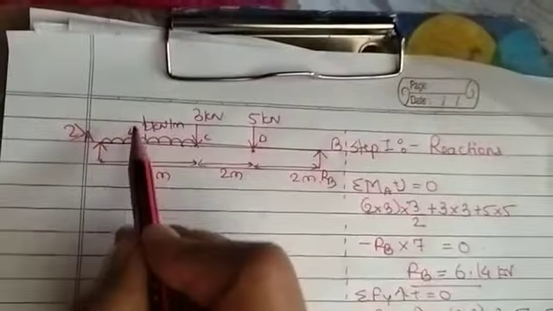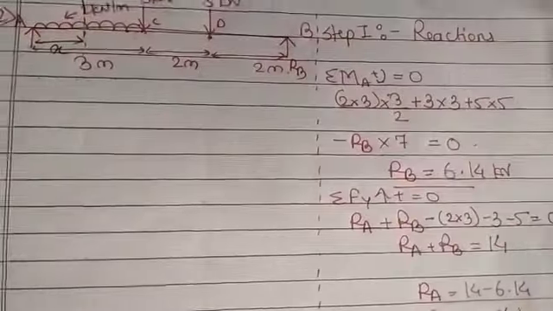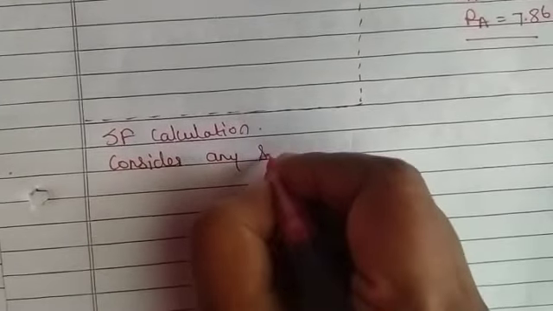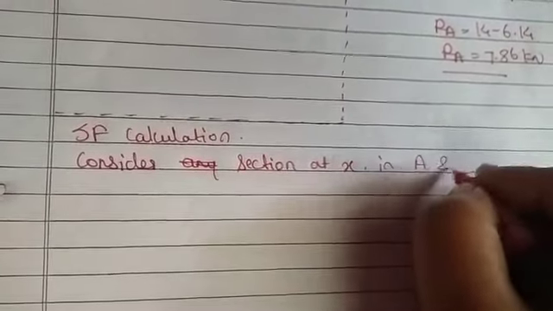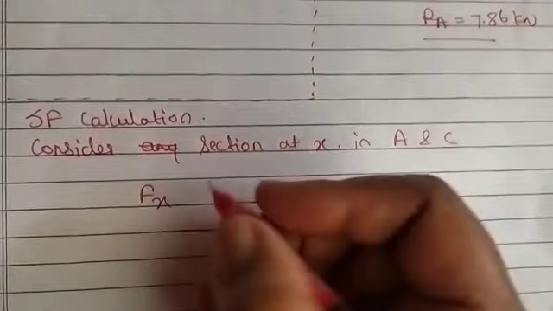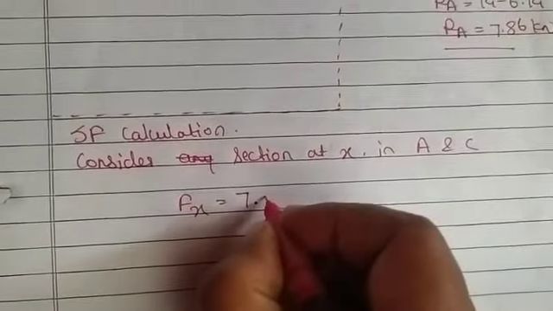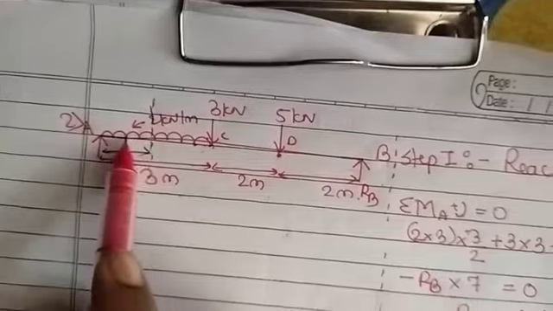For shear force calculation, we'll consider a section at a distance x from the left side, between A and C. So if we are considering any section at x between A and C, Fx will be equal to RA, which is 7.86, upward, so positive 7.86, minus, now we have to convert this UDL on the x span into a point load.